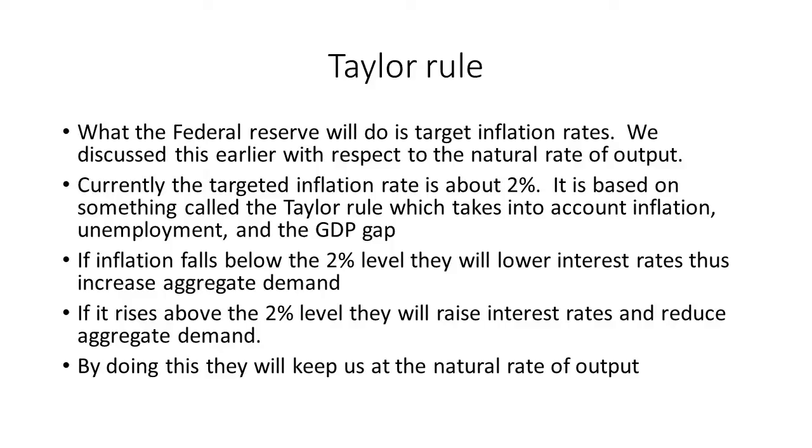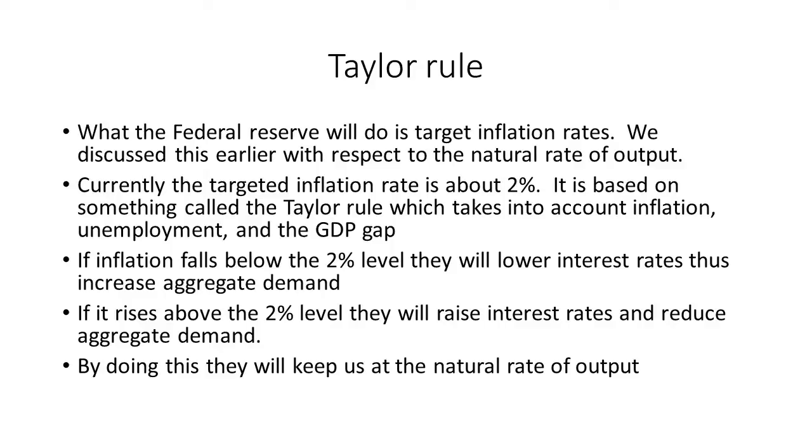We believe that targeting this 2% inflation rate can be used to get us to that natural rate of output which we discussed earlier. So currently the targeted inflation rate is about 2%, as I indicated, and it's based on something called the Taylor rule, which takes into account inflation, unemployment, and the GDP gap.